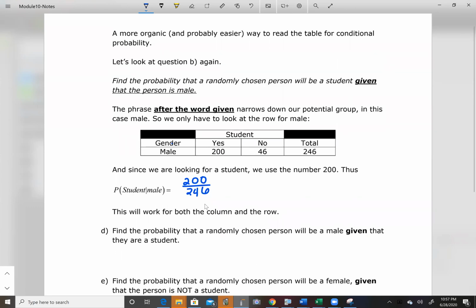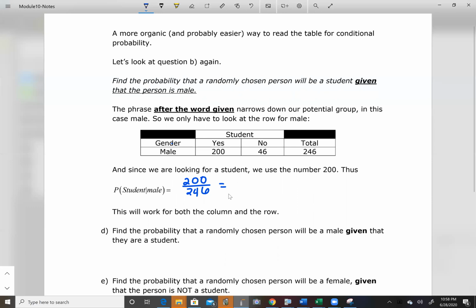Why did they say that this was different? What's a good question? Find the probability given that that person is male. The phrase after the word given narrows our potential group, in this case, male. So we only have to look at the row. Oh, so it just straight up took that row out of the table. But as you can see, you just get the same answer here. It just took that out. Which is just going to be this. I can't remember what it is from the top, but it's going to be the same.